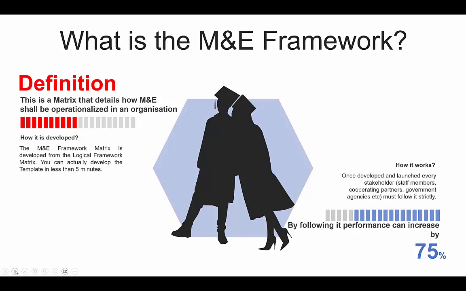So essentially, the framework is used. Okay, how it works is that when you have developed it, every stakeholder, because mind you, the development of that framework is in conjunction with different stakeholders in academia, it could be government agencies, it could be even beneficiaries, it could be cooperating partners, including yourselves.